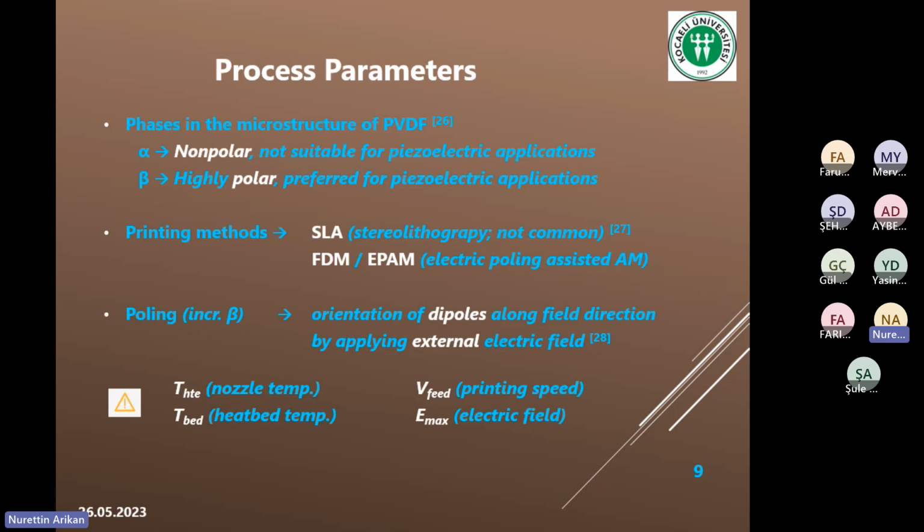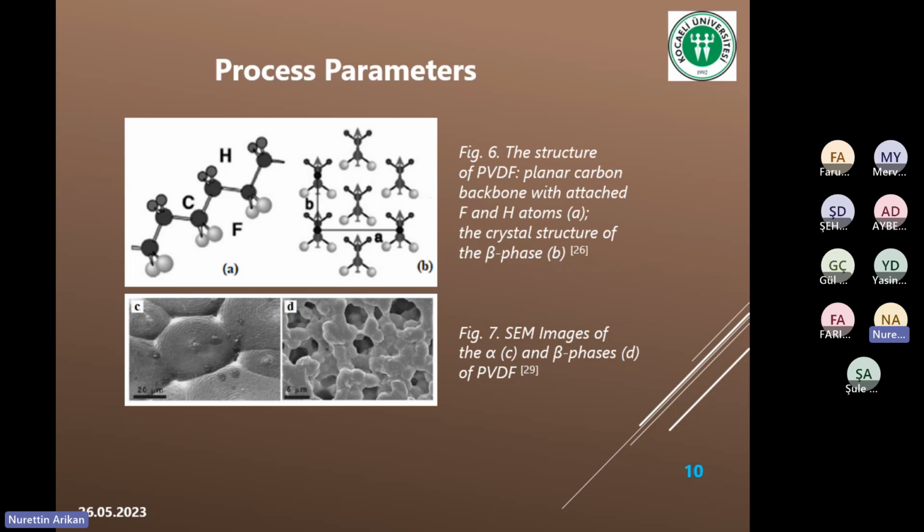I will show you the tables in the next slides. And about the phases, on the left, for both images, on the left we see alpha phase, non-polar phase. It is found in pure PVDF or in the nature before polling or production mechanical stretching.